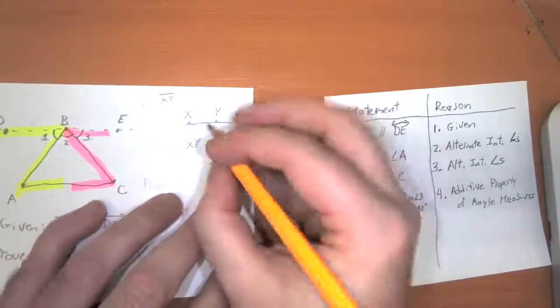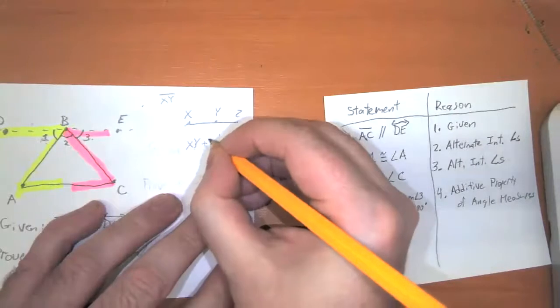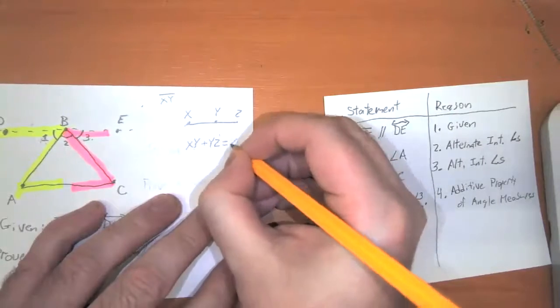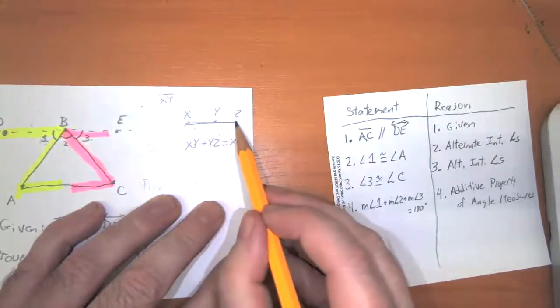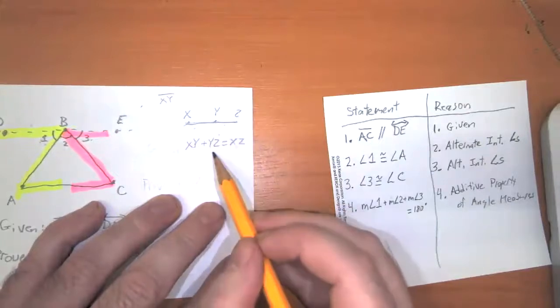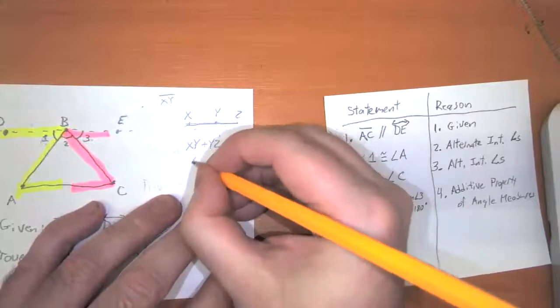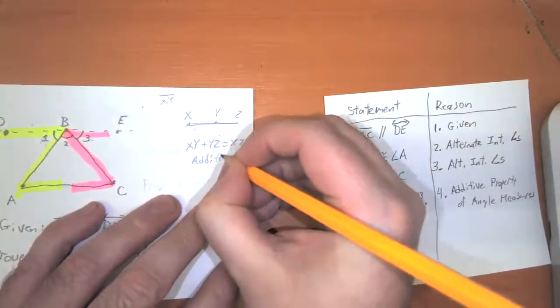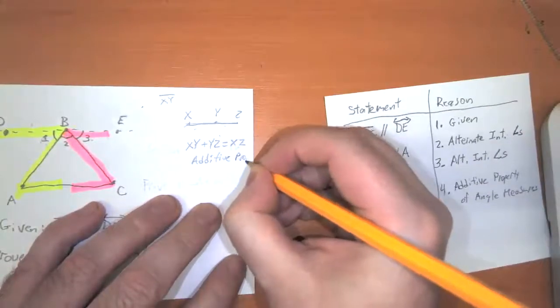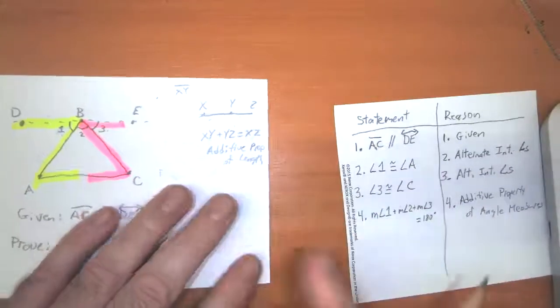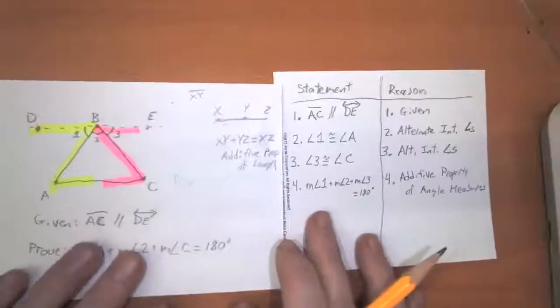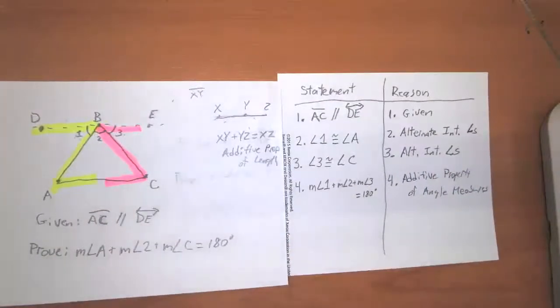So this is a number. So if I say XY plus YZ is equal to XZ, the sum of these two lengths has got to be equal to the entire length. That would be the additive property of length. Okay, so that's a new proof reason that we might be exposed to at some point in time.